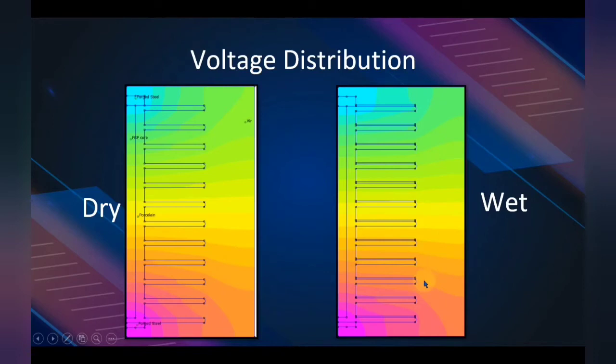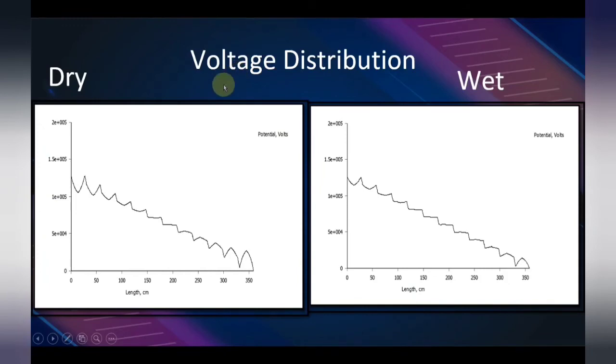Same for the wet, but for the wet we include the water surface at the top, so it's the same but with water. For the dry, it should look like this, and for the wet it should look like this. For the dry, the voltage is slightly uneven compared to wet.